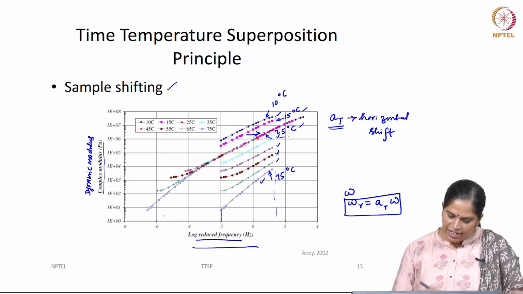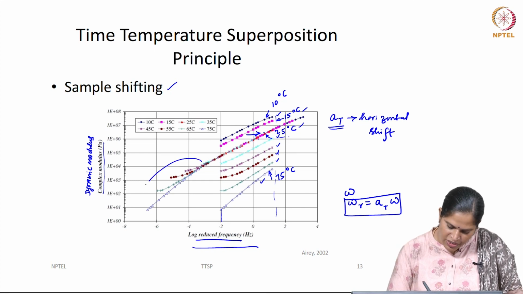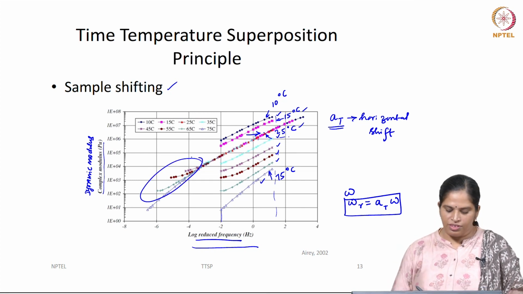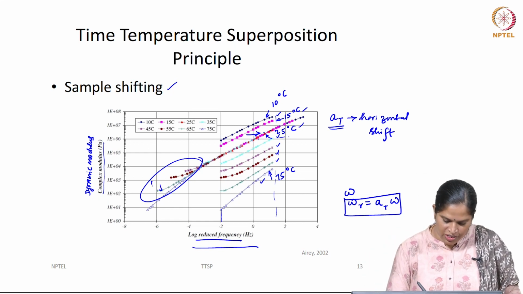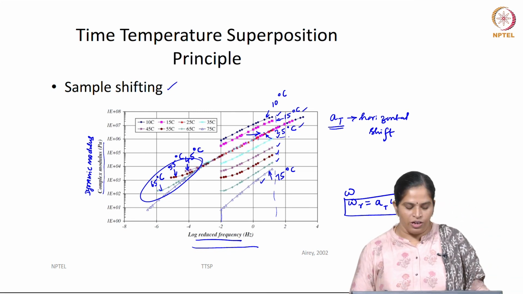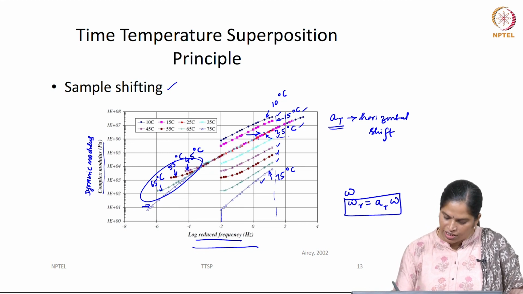Now, you can see that there is a discrepancy in a few data in this temperature region. If this corresponds to 65 degrees Celsius, this corresponds to 55 degrees Celsius, and this data corresponds to 45 degrees Celsius, you can see a discrepancy in the data from the main curve.